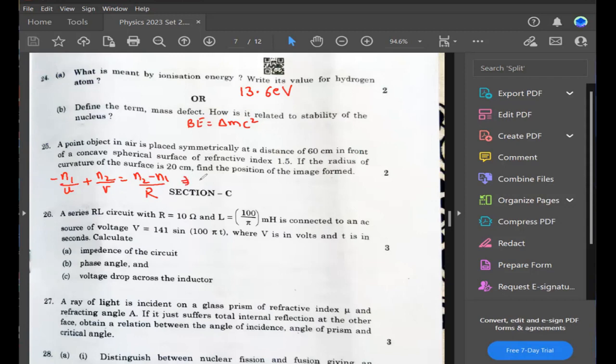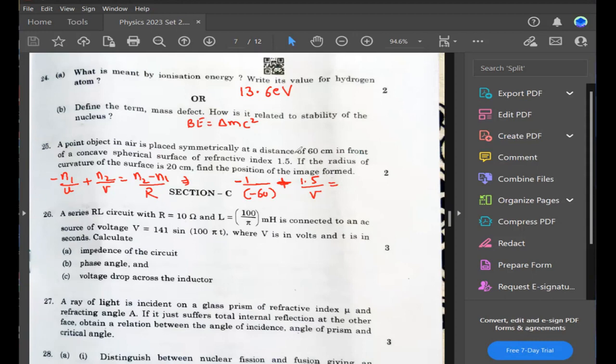Substituting the values, N1 is the refractive index of air, which is 1. U is given as 60 centimeters in front of the concave surface, so U will be minus 60, opposite to the direction of incident light. N2 is given as 1.5, plus 1.5 upon V, which has to be determined, the position of the image.